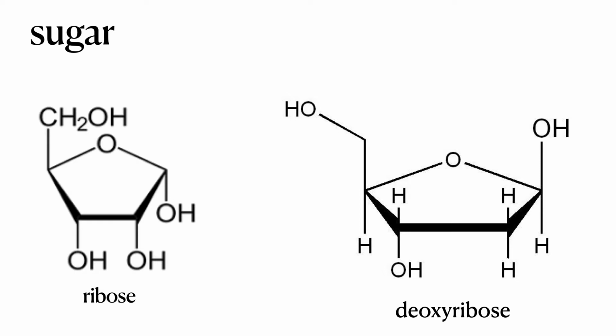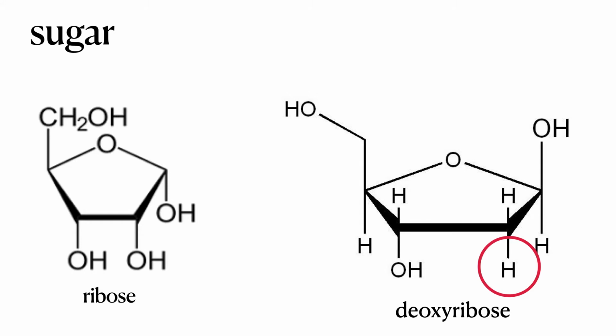DNA stands for deoxyribonucleic acid, and you can see on the second carbon that the oxygen has been eliminated, and that's why it's called deoxyribose. You can see that right here down in the corner where you have a hydrogen instead of a hydroxyl group. So if we're in RNA, the sugar is going to be ribose. If we're in a DNA molecule, the sugar is going to be deoxyribose.